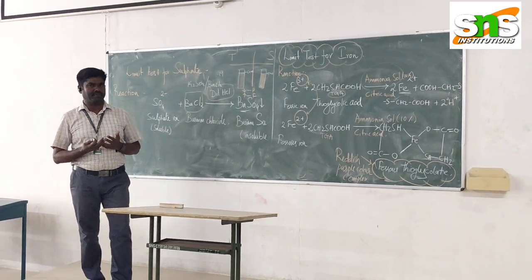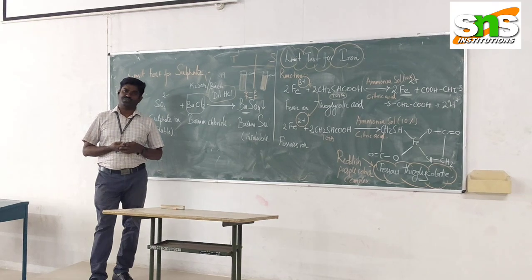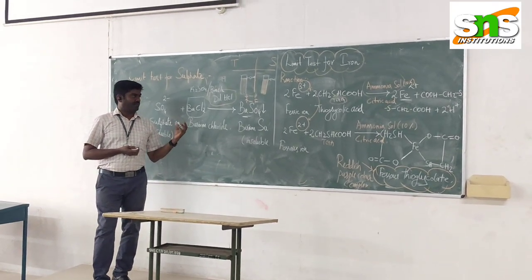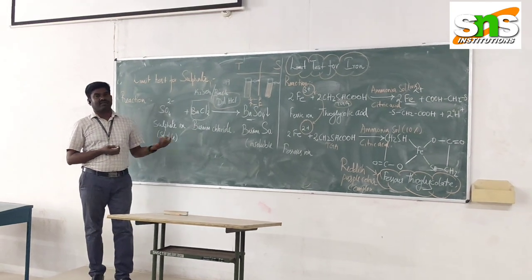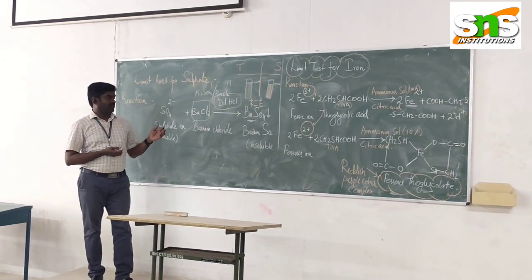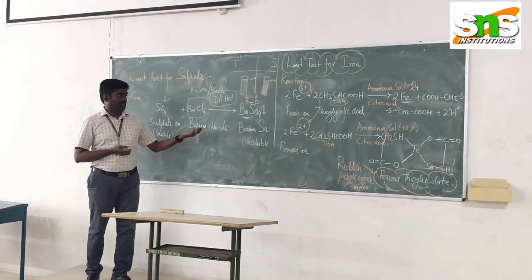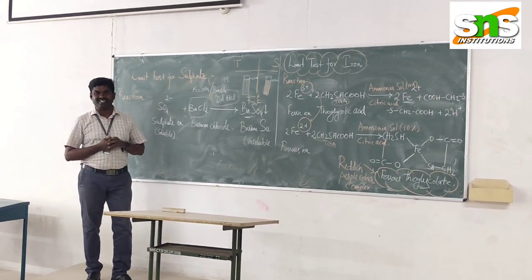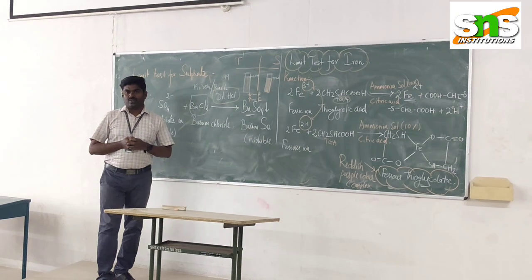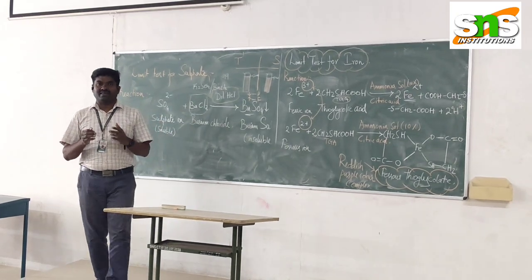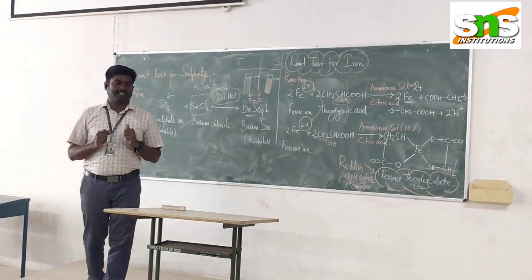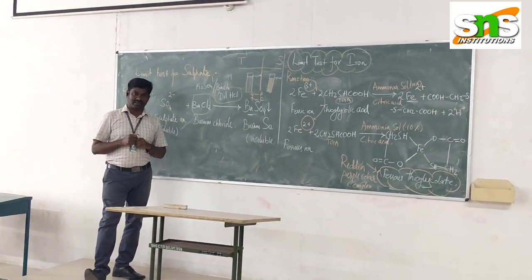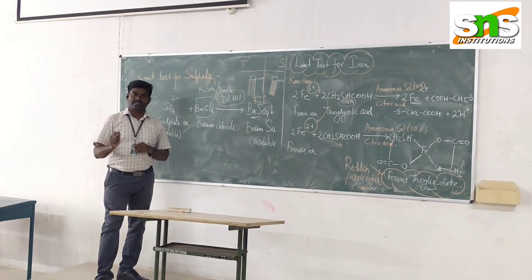It may be 100 ppm, around 50 ppm, or 200 ppm. In the test, we produce barium sulfate with the help of the barium chloride reagent. When the soluble sulfate ion reacts with barium chloride reagent, we get barium sulfate, which induces the turbidity.